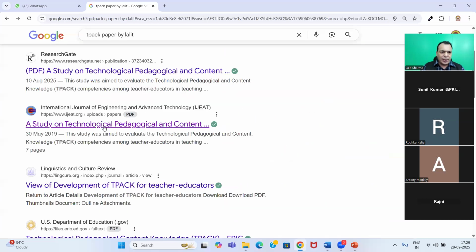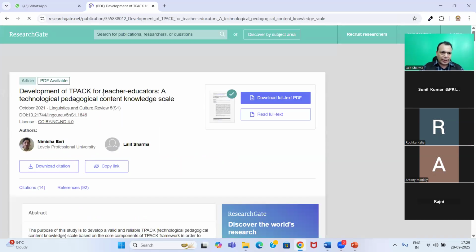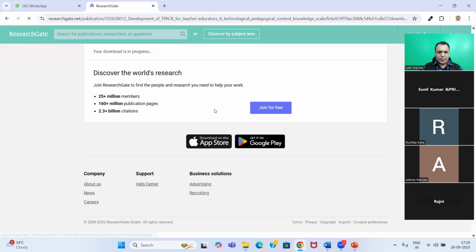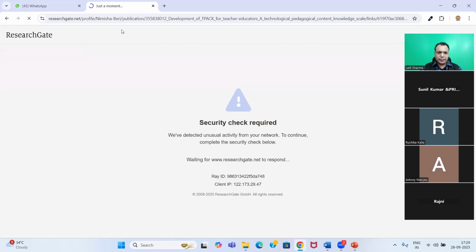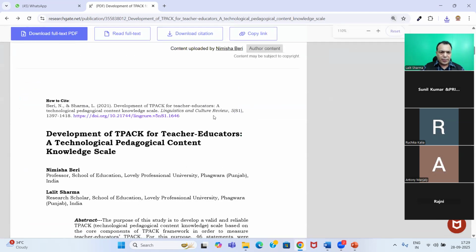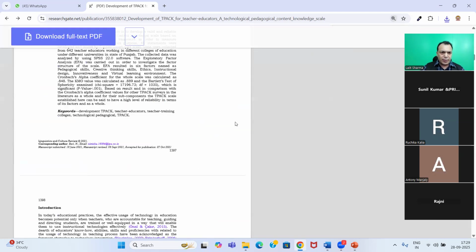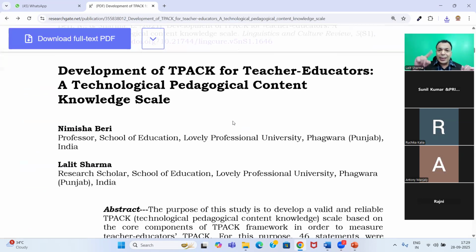After that, see, in 2021 my paper is also on ResearchGate. Here it is, download full-text PDF. I want to show you the scale for the teachers. Let's open it from there. See this, Development of a TPAC tool. In 2021, I developed a tool for the teachers, meaning how they can teach well, how much pedagogical knowledge they have, meaning technological pedagogical knowledge.